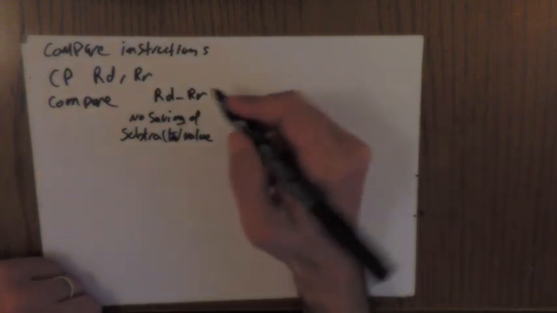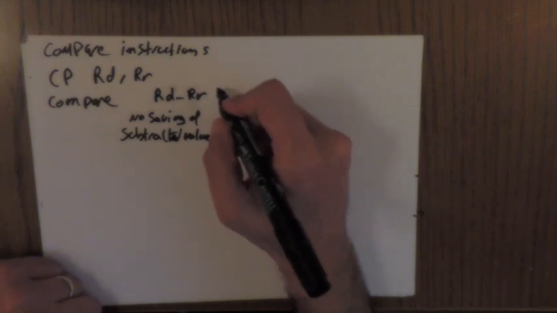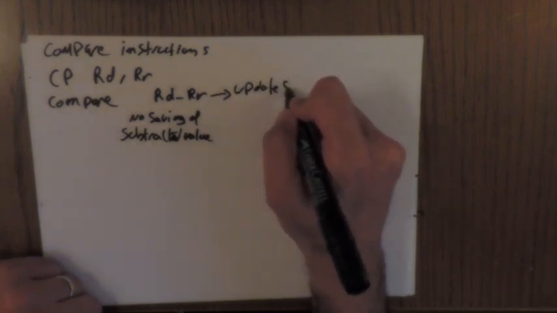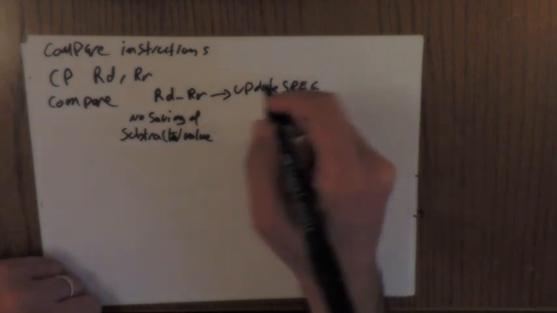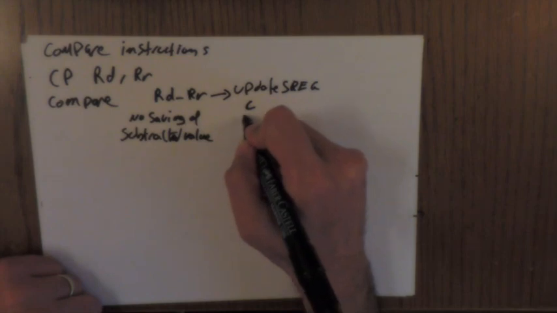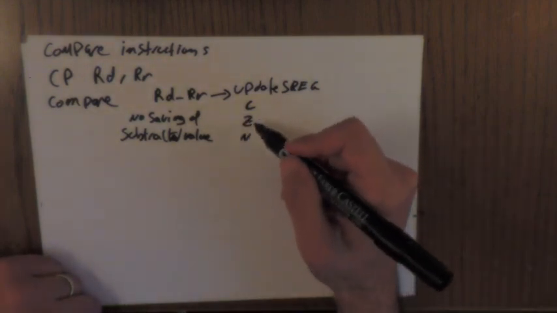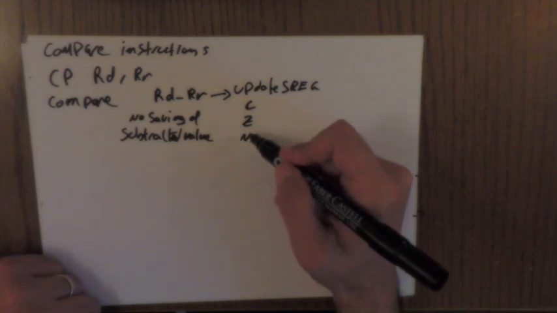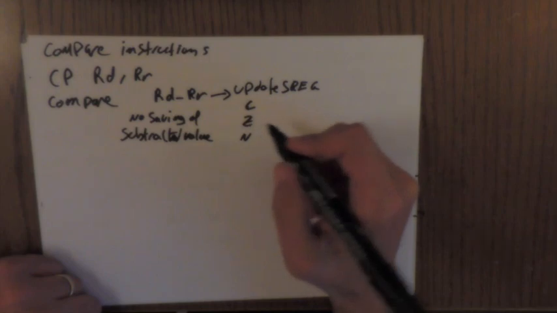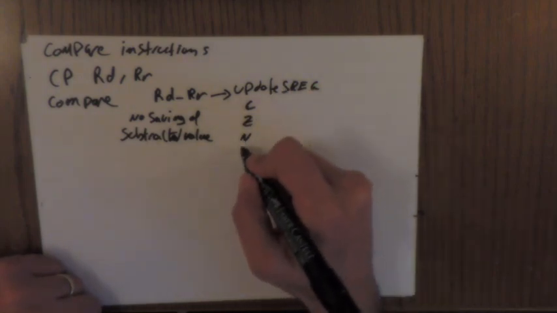What I gain from it is that I update SREG, specifically the C flag, Z flag, and N flag. So if the result is 0, or we have a carry, or we have N, of course it will also update V and S.